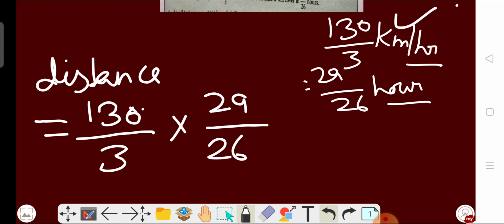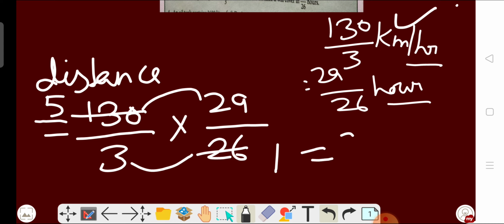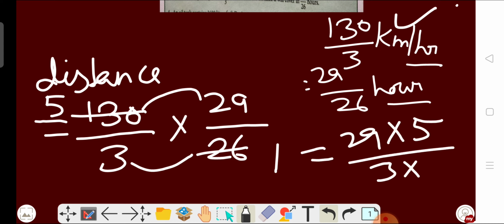Numerator should be multiplied by numerator, denominator should be multiplied by denominator. Now 26 is the highest common factor between numerator and denominator. So 26 times 1 is 26 and 26 times 5 is 130. So this is equal to (29 times 5)/(3 times 1).